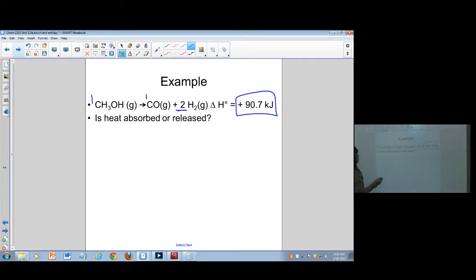So the first question is, heat absorbed or released? Because you don't have to do anything but look at the sign. All we care about is the sign right now. That's positive. That indicates it's endothermic, and therefore, heat has to be absorbed.